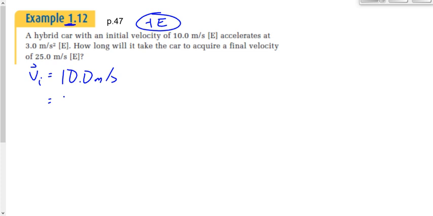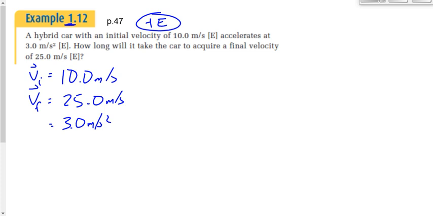I got something here that's 25 meters per second as well. What's that? Is that A, V, VI, VF, delta T? What is it? VF. It's the final velocity of this car. 3.0 meters per second squared.